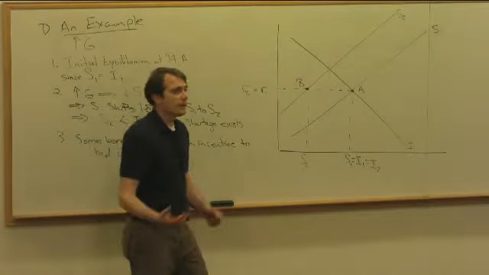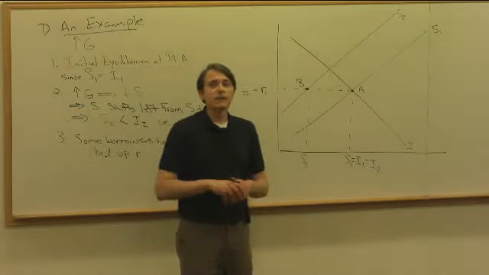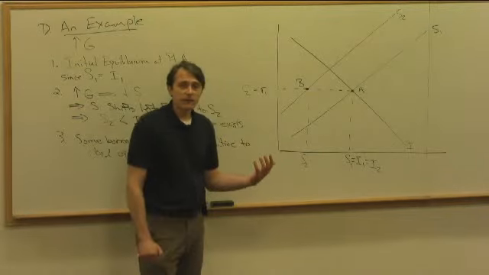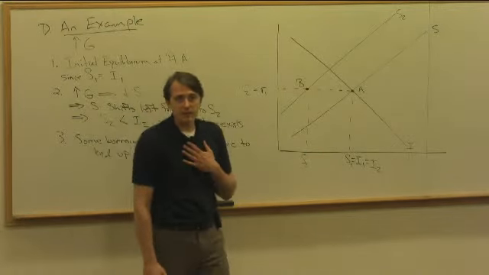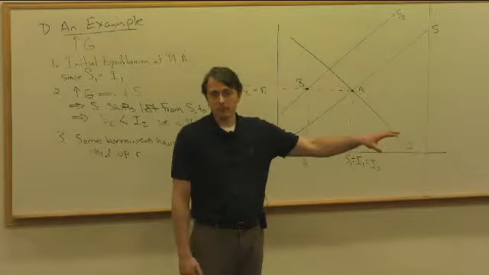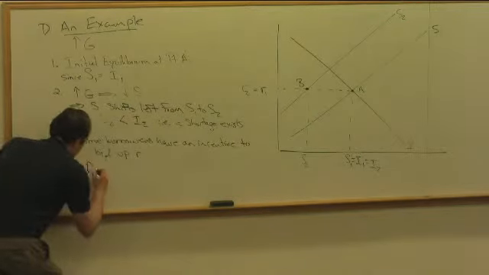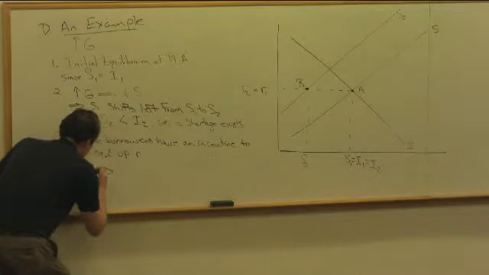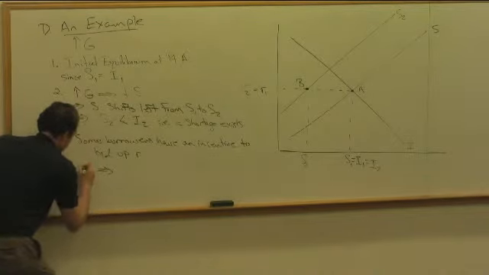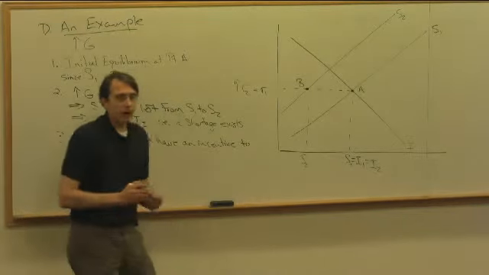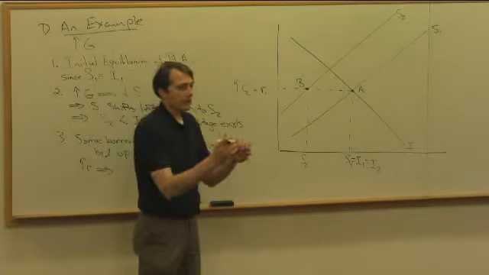If Ford wants to build a new factory but can't get the funds at the current interest rate, how do they convince financial markets to loan to them rather than someone else? They offer to pay more. Okay? Well, then there's going to be an increase in the real interest rate. So now I know why the real interest rate is going to rise. There's a shortage, so some borrowers have an incentive to bid up the real interest rate.